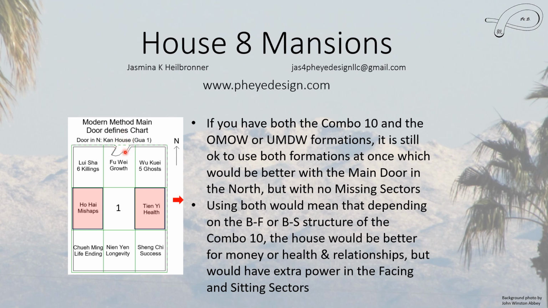As long as it's less than 1/3 of this sector, you're okay. And that means that you actually would get a bit of a boost in these 2 locations. But you will still have a good overall house, but it'll either be focused more towards money or focused more towards health and relationships. It depends on which type of combo 10 you have.